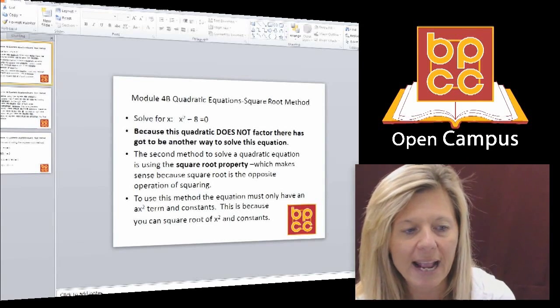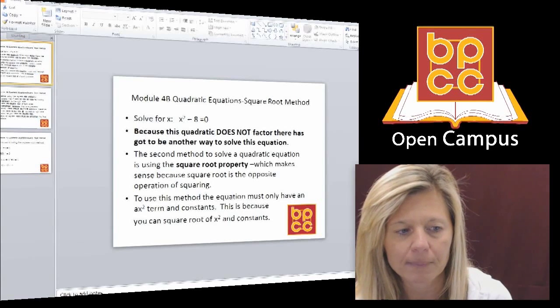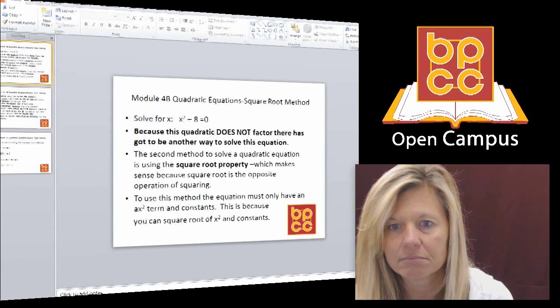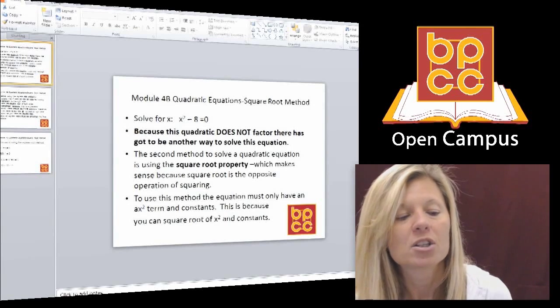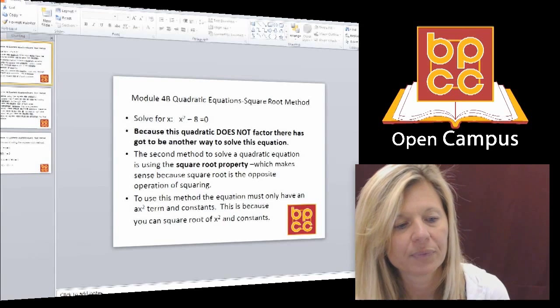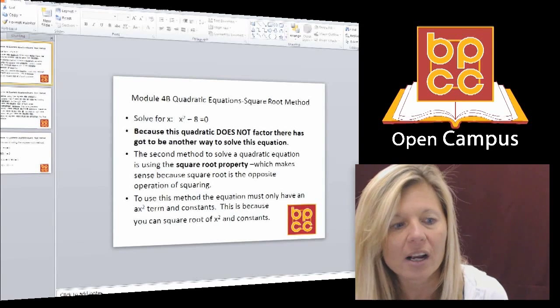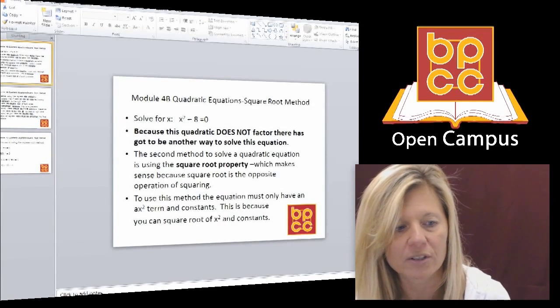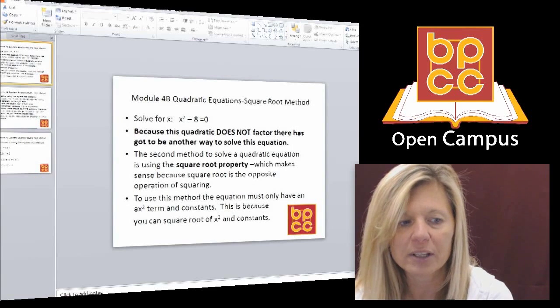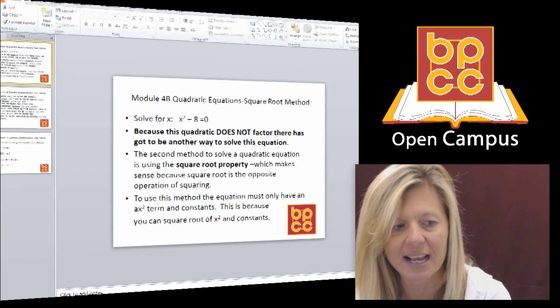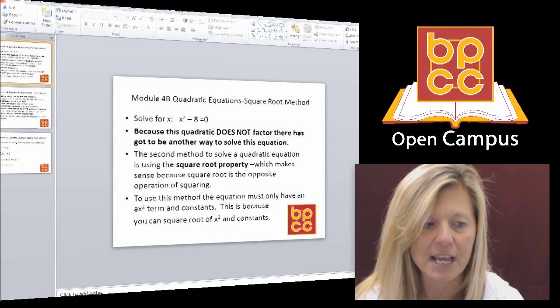Does x squared and 8 have a term you could divide them by? Absolutely not. You cannot divide a variable and a number by the same thing. So we can't use the GCF rule. It is obvious we're not going to do the trinomial rule, because what does the word trinomial mean? It means 3 terms, and we only have 2 terms here, x squared and negative 8. So the trinomial rule's out.